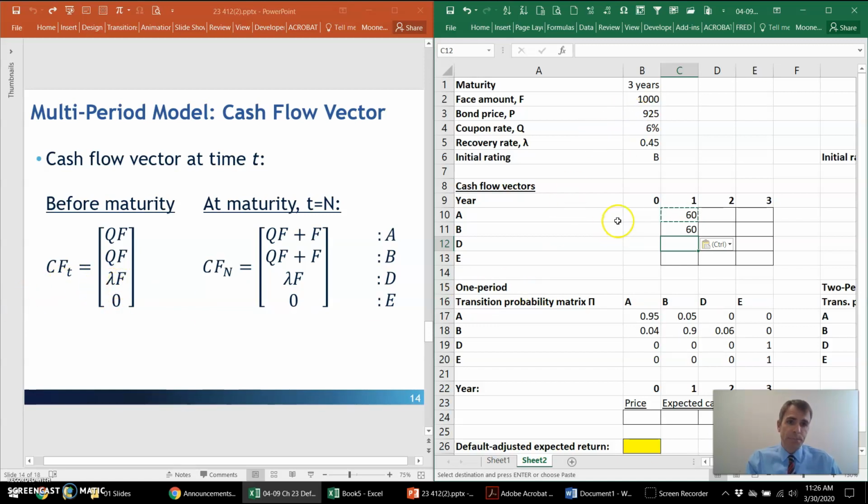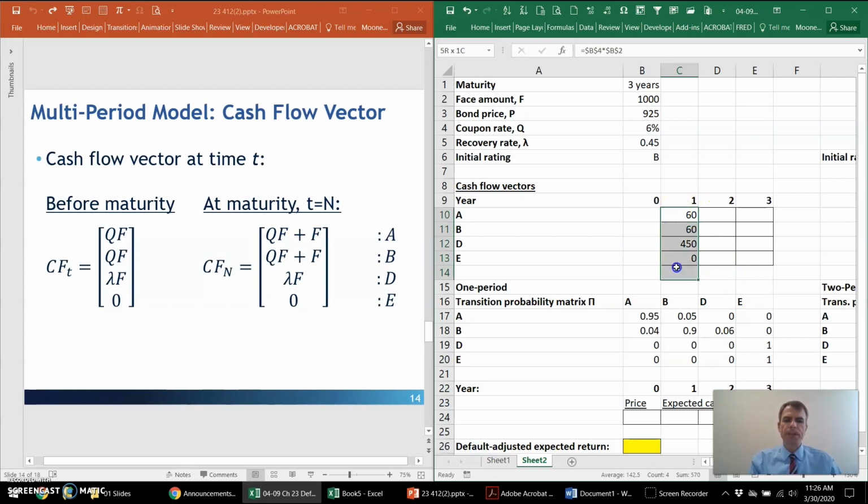So in this example, if a bond defaults in any period, the recovery amount is 45% of the face amount. So we assume that, if the bond defaults and the firm is liquidated, bondholders receive 45 cents on the dollar. So at a rating of D in year 1, a bondholder would receive a cash flow of $450. And then always, if a bond is rated E, it's already defaulted and we receive 0.